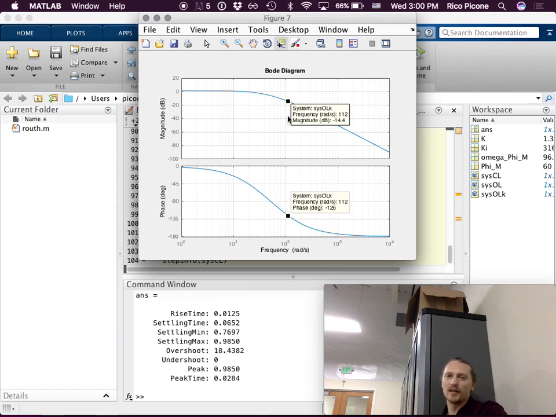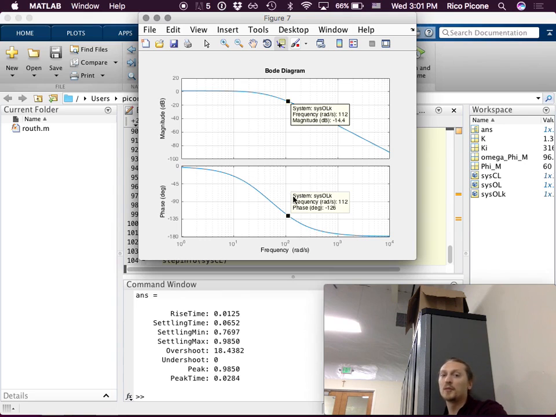So what we need to do is make sure that at the 0 dB crossing, there is some positive phase margin. We're not below negative 180 degrees at 0 dB.